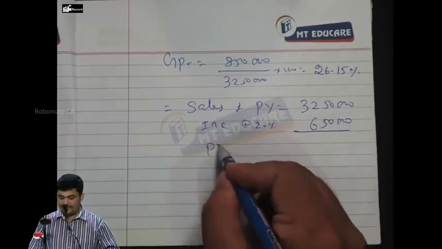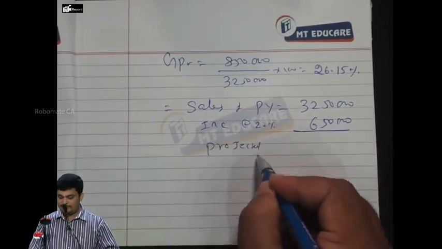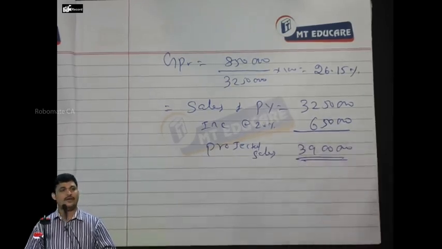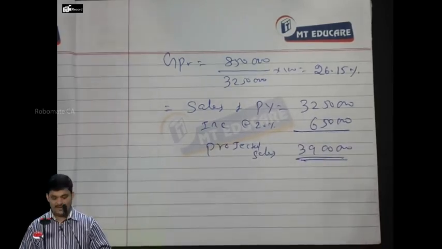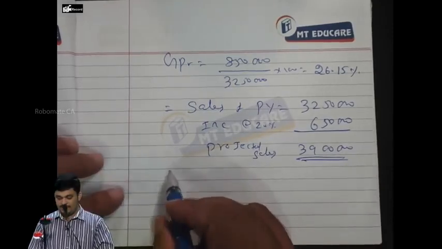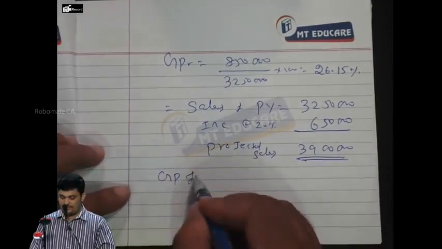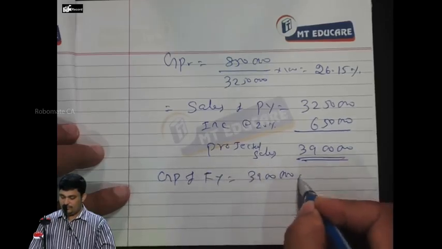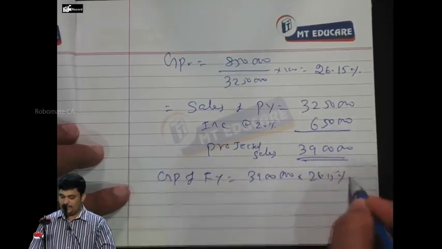Everybody, projected sales. How much the projected sales? 39 lakhs. Projected sales will be 39 lakhs. Now it is this way, gross profit of future year: 39 lakhs into 26.15 percentage.